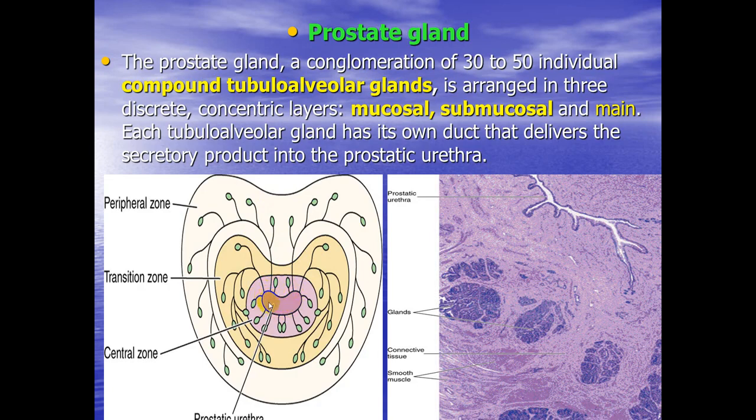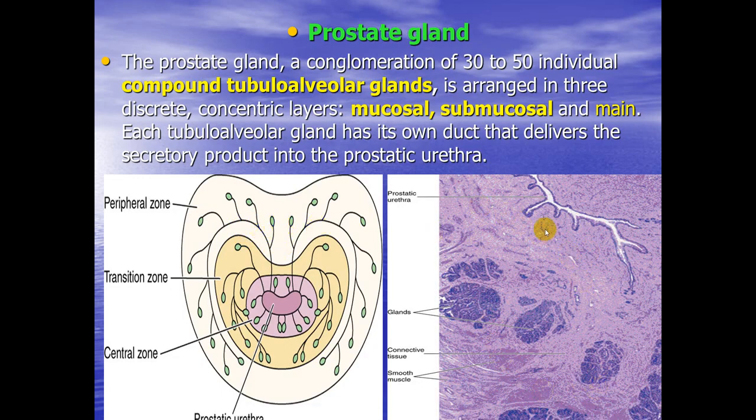So in the center is the urethra. Around, in the tunica mucosa of the urethra, are the mucosal glands. Then in the tunica submucosa of the urethra, are the submucosal glands, and the main group outside of the tunica submucosa. Each small gland has its own excretory duct, which opens into the urethra.